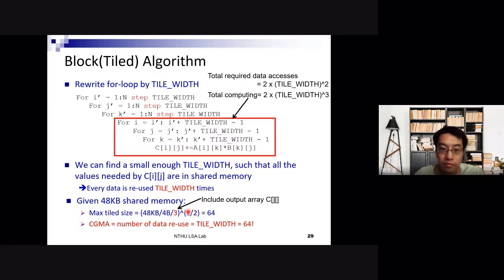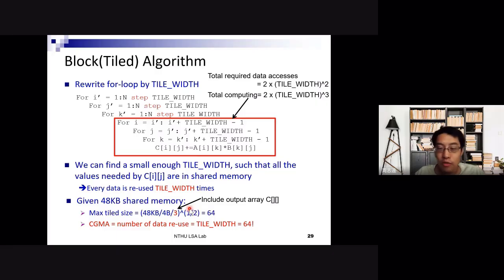Okay, so it's a general principle for how you could rewrite your code to utilize the limited shared memory space, and you can follow this to analyze your code to know how large the CGMA ratio you could achieve under the space limits.